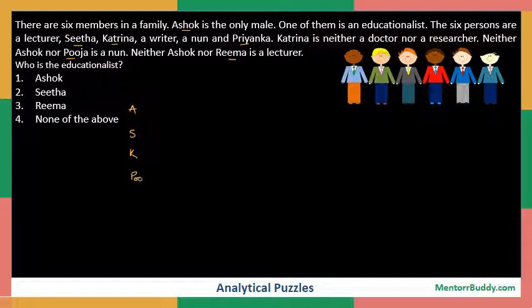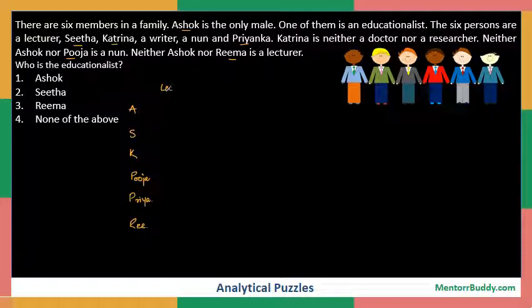For Pooja, I'm going to write the complete name because there's one more girl whose name starts with P, and thus it is Priyanka, and the other one is Rima. Also, I'm going to write the professions. Like the names have been put in the vertical format, the professions are to be put in the horizontal manner.